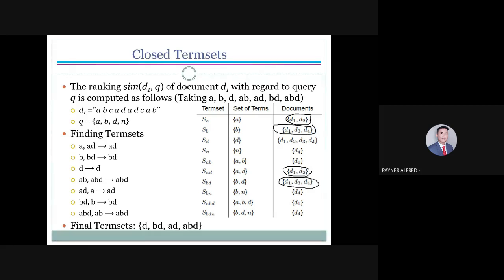And then document one and document one, so this one will be combined. So we have AB and ABD. Okay.